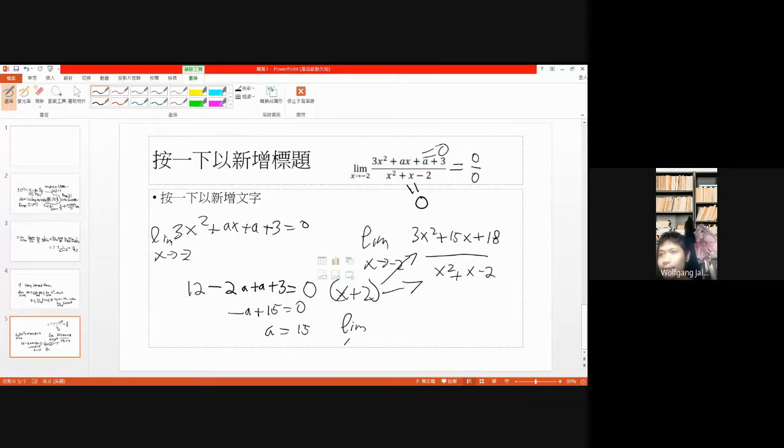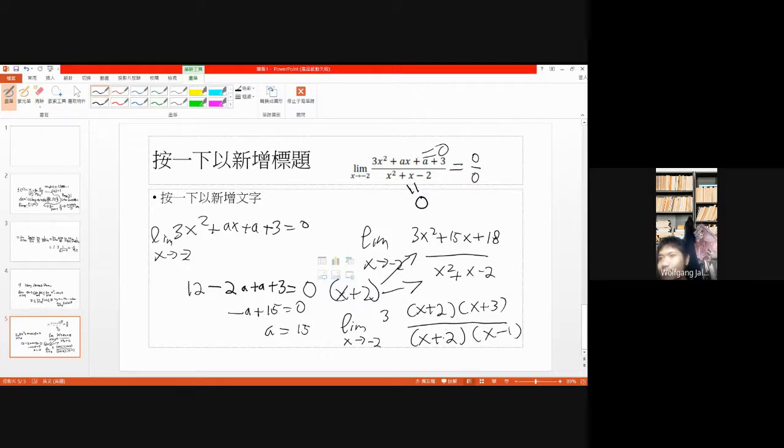So we have x approaching minus 2. The above is 3 times x plus 5, x plus 2 times x plus 3 and x plus 2 and x minus 1 here.